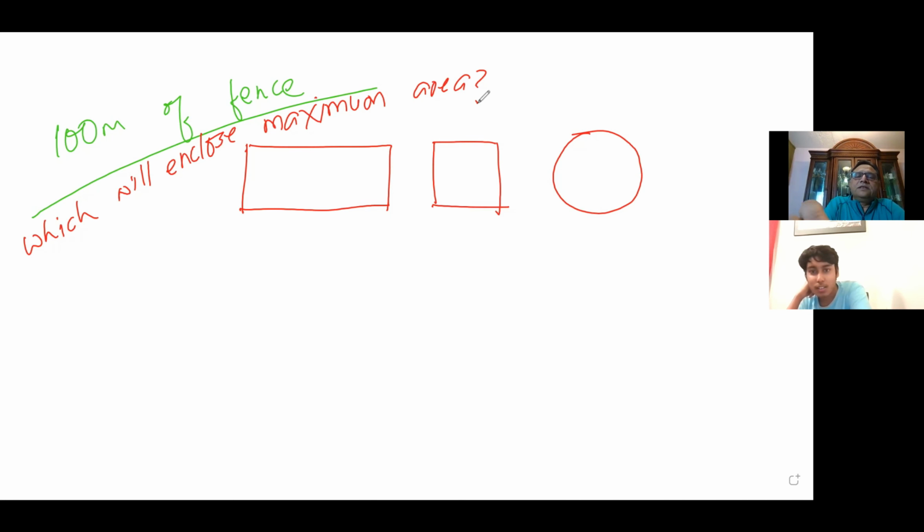So square is easy. Let's do it for the square with 100 meters. Each side will be how much? 25, all are equal. So the area will be 625, right? Now, a rectangle really means if I increase one side and decrease the other side.